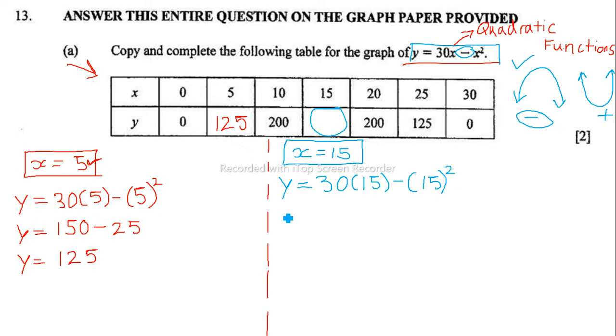And so y is going to be equal to, what is 30 times 15? 450. 30 times 15 is 450, yes. Minus, what is 15 squared? 225. That's 15 times 15, which is 225.